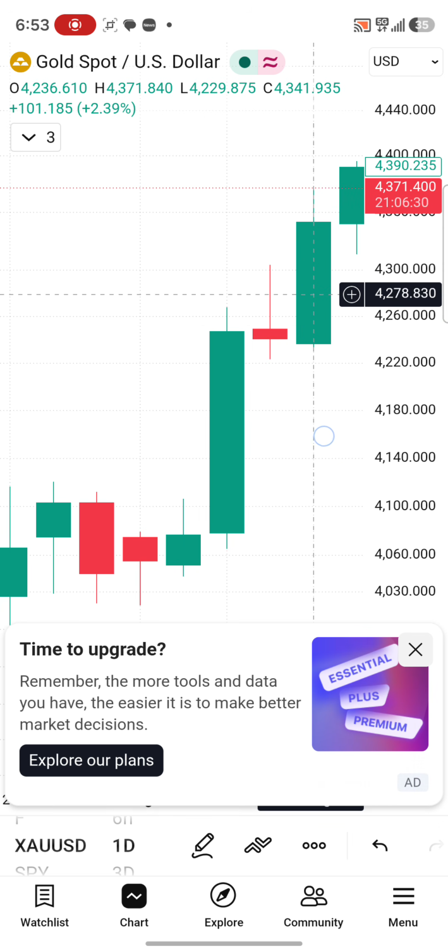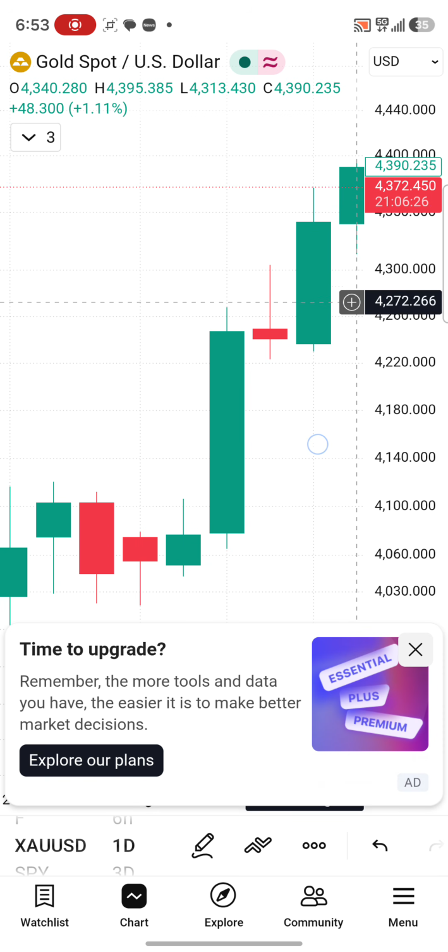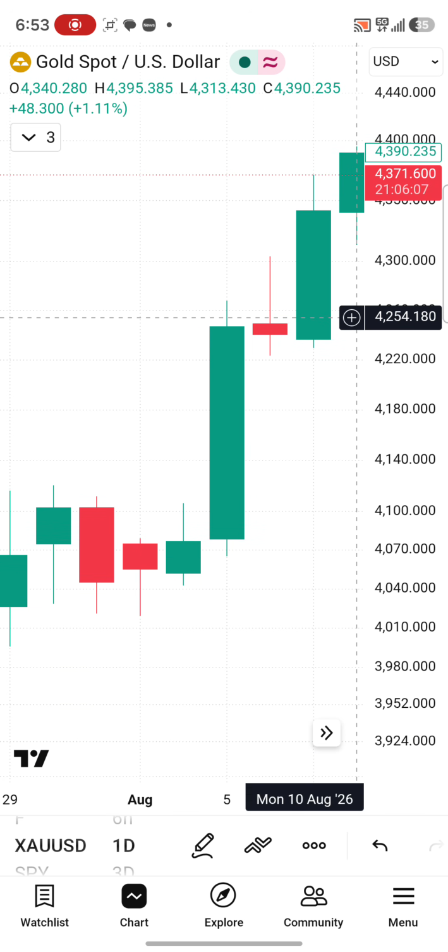We had good buyers at first because we were all the way up there. Sellers just came in, closed, but they didn't do anything. So why would I sell my position for this little red thing? No, I'm good. Next day, we take back off.